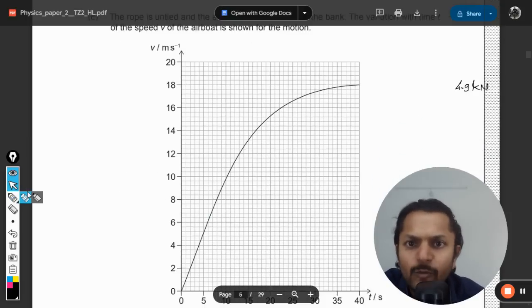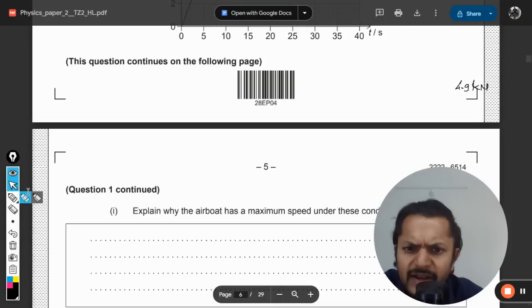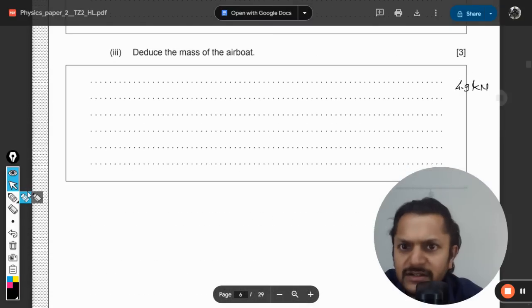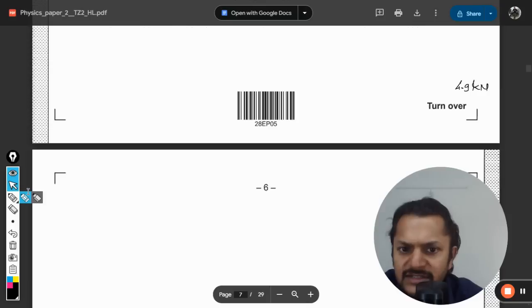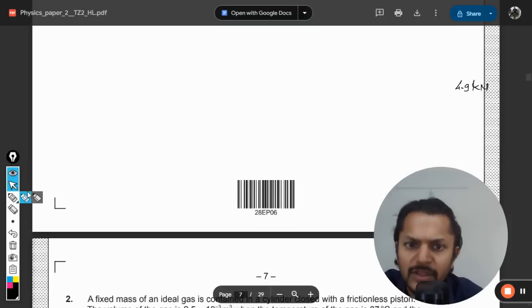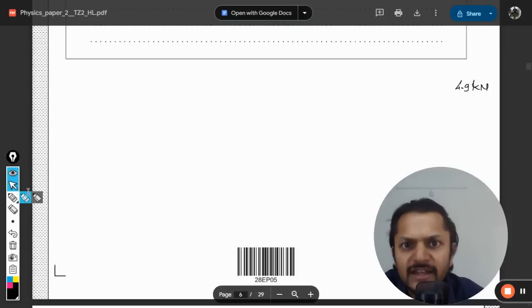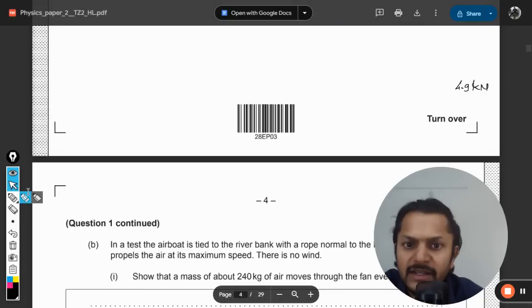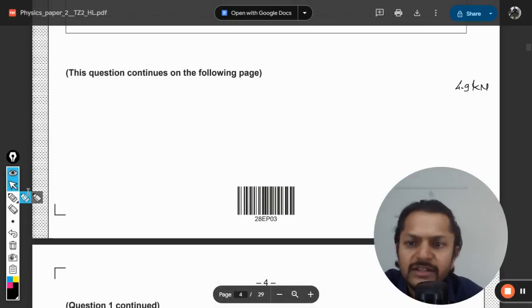There will be only one last third formula that is left. Are they talking about power somewhere? Let me please verify. Just a moment. Deduce the mass. No. So I would be giving you that formula now. They might not be using it, but let me show you. So there are three formulas that I have given you.